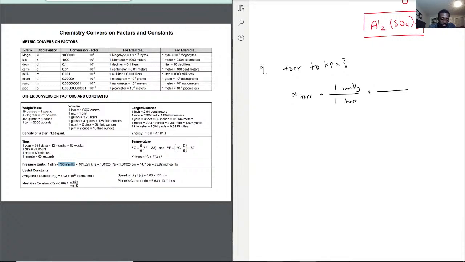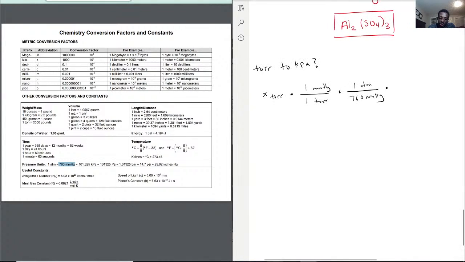So it says that 760 millimeters of mercury is equal to 1 ATM. We're going to do multiple steps here just to really get this question. And now we have ATM. We're going to go from ATM to kilopascals.